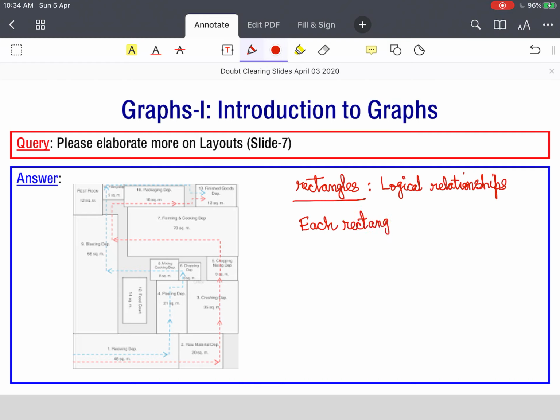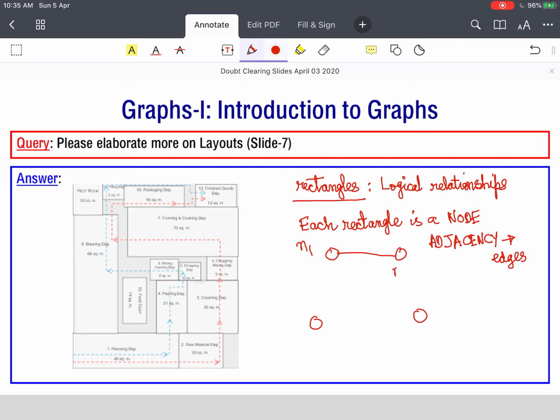Each rectangle is a node in the graph. And how do we connect with edges? Suppose there are these 3 or 4 nodes, then we connect them with edges if they are adjacent. So adjacency marks the edges.